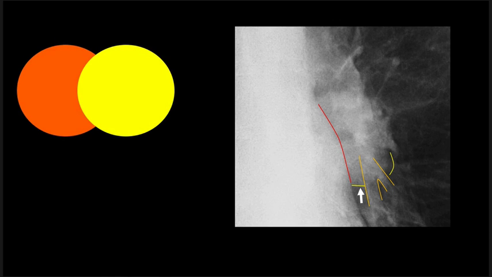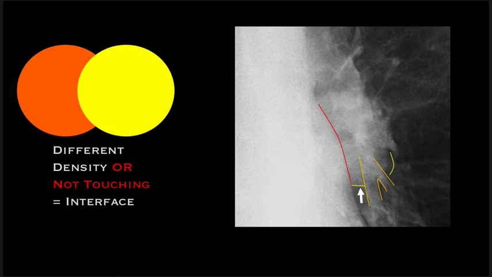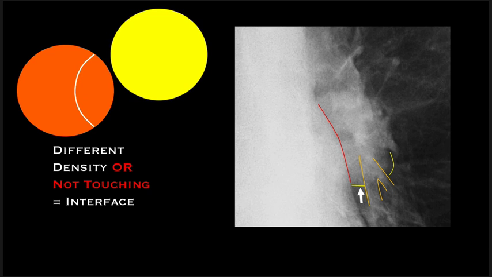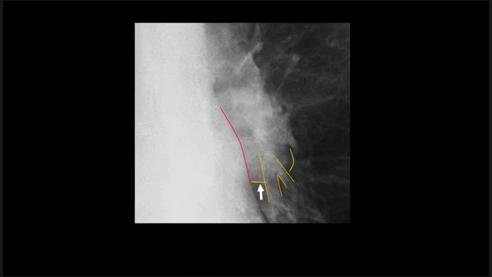And remember, if we've got different densities or they're not touching, then we have an interface, and we do have an interface. We know they're the same density though. All those soft tissue densities are the same. So what that tells us is they're not touching. So now we can use this to localize it.